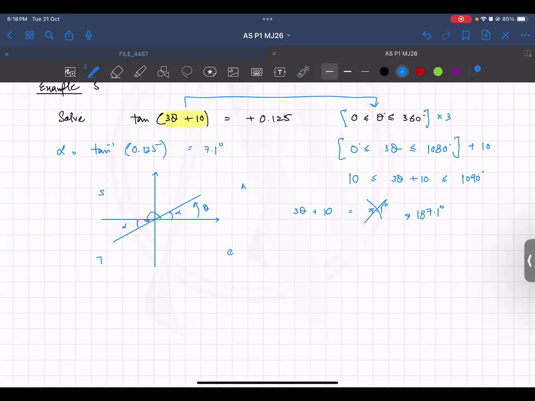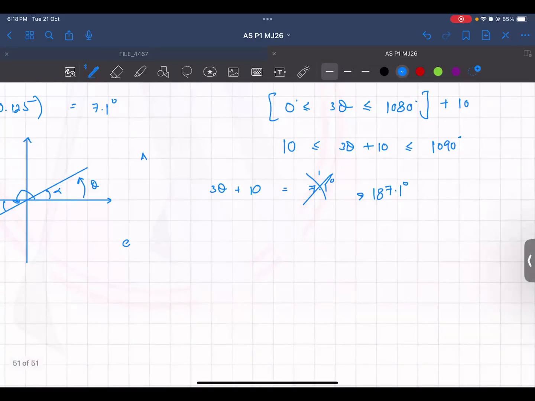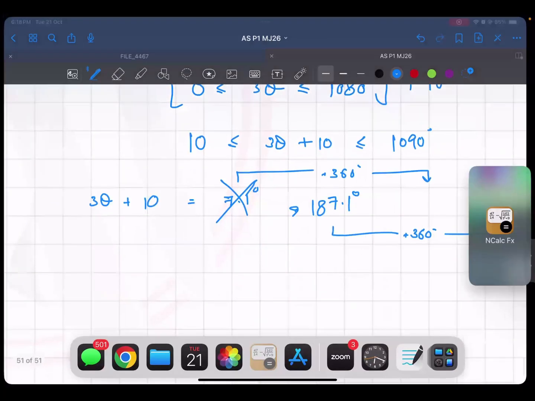If I want to take another round, the easier way is just to add 360 to the previous answers that you have gotten. You will get the next solution. And in this one also you will again add 360 to get the next solution, because this is cyclic.